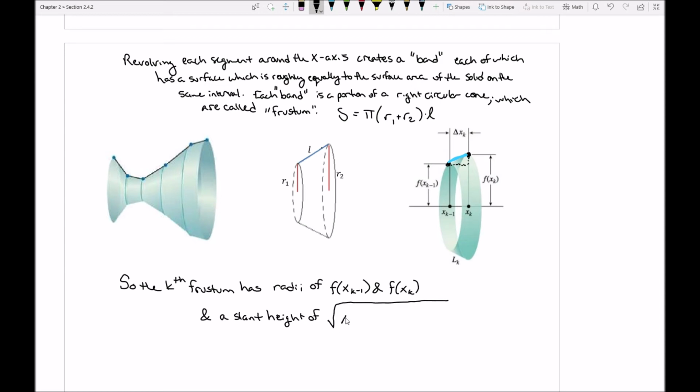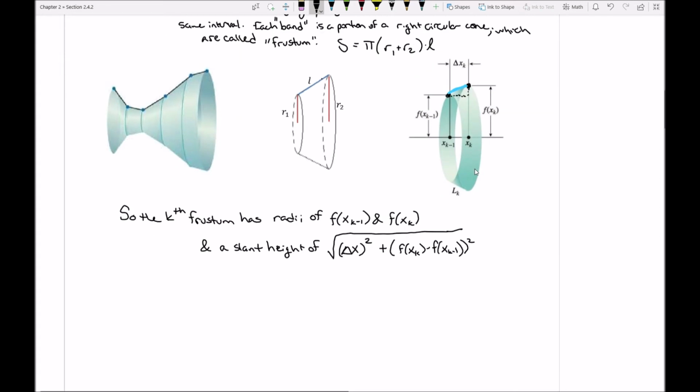Notice that we would have something like a delta x squared, that's the length of this side down here. I would add to that the length of the other side, which is found by doing my f of x sub k minus my f of x sub k minus 1. If I square that, that would be equal to the length of the hypotenuse squared. And so when I square root, I just get the length of that hypotenuse.